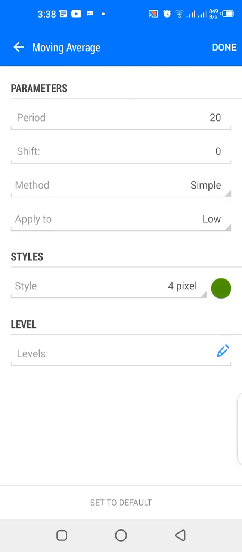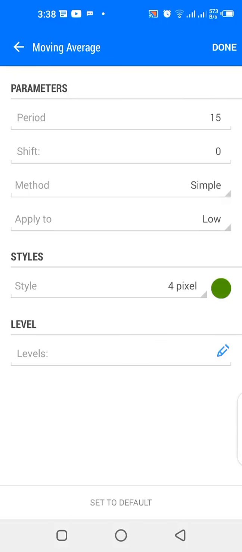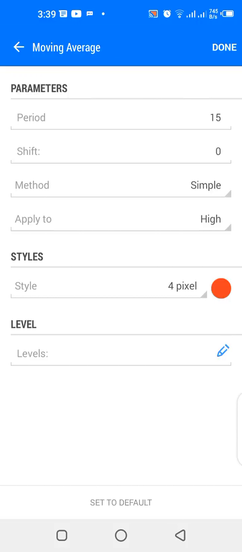I have another 20 simple moving average, this time applied to low, green color. Then I have a 15 period simple moving average applied to low, green color, and the fourth one, a 15 simple applied to high, red color.